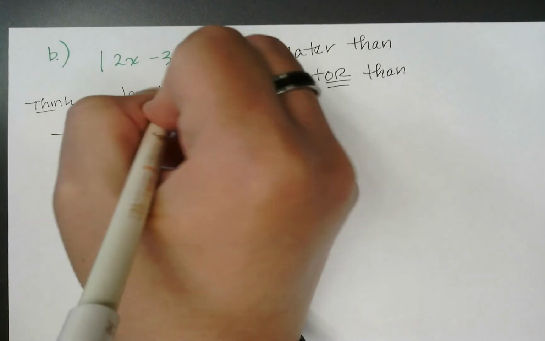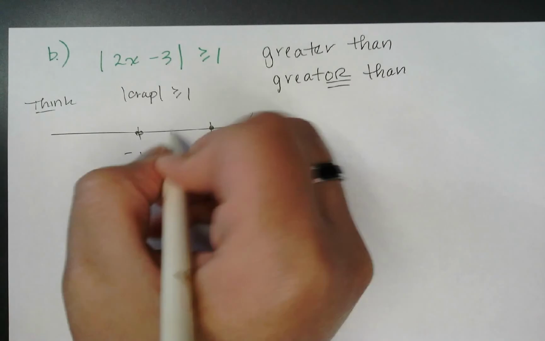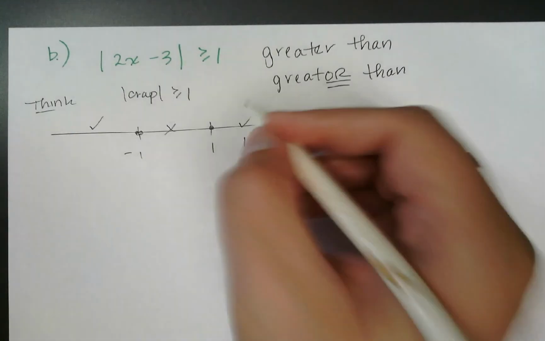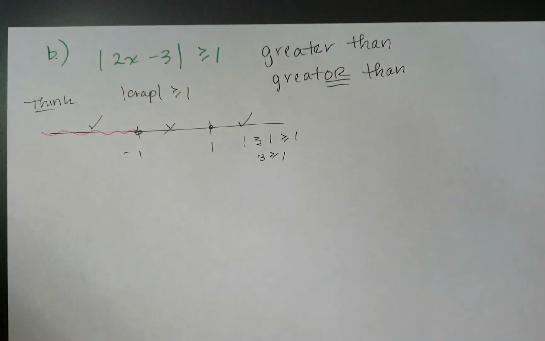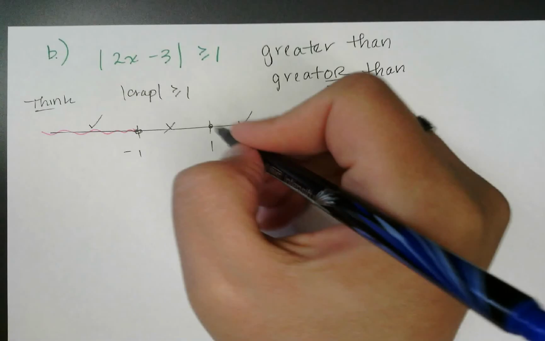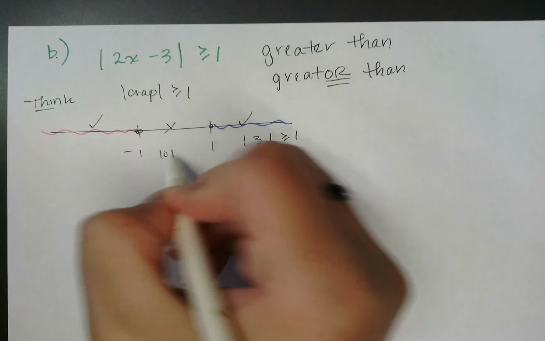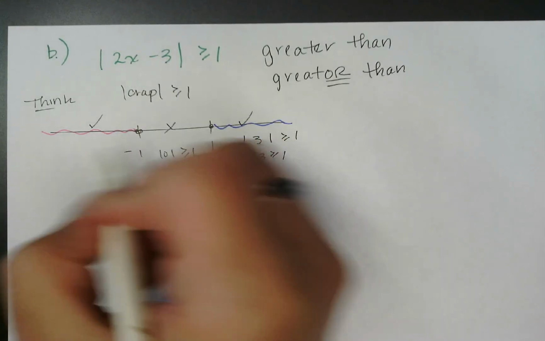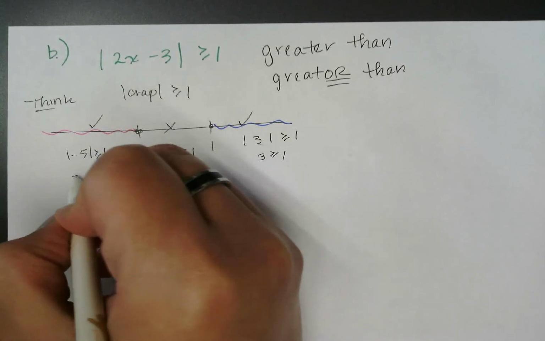So it's going to be this way, and it's going to be this way. So this is an or statement. Again, if you check these numbers, 5 is greater than or equal to 1, yes. 0 is not greater than or equal to 1, so it doesn't work.